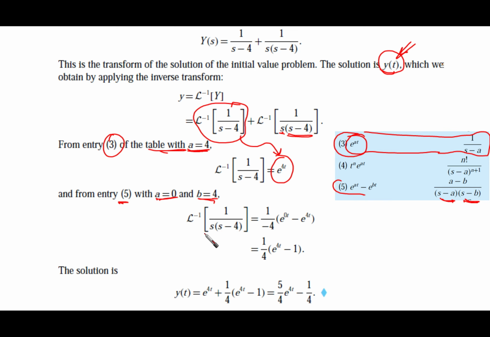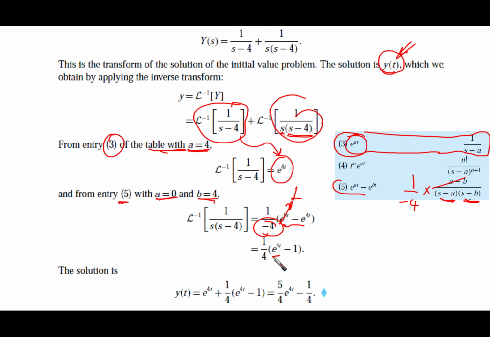This means that our inverse Laplace transform for the second term is going to be 1 over minus 4, because we have here a minus b, which is 0 minus 4. So we need to multiply by 1 over minus 4, and then by e raised to 0t, which is exactly 1, and then minus e to the power 4t.